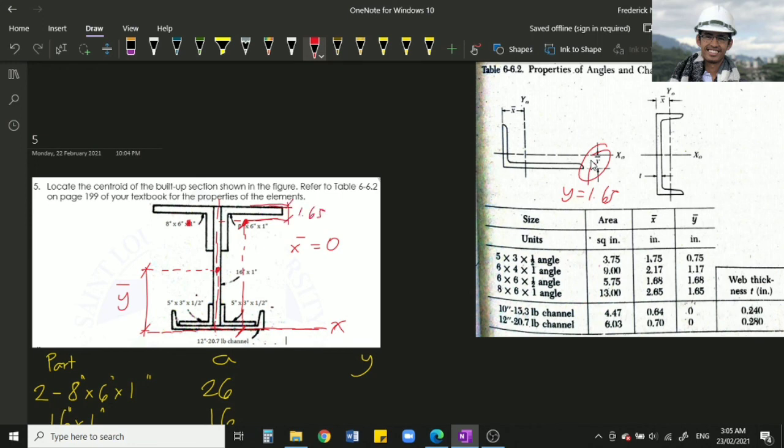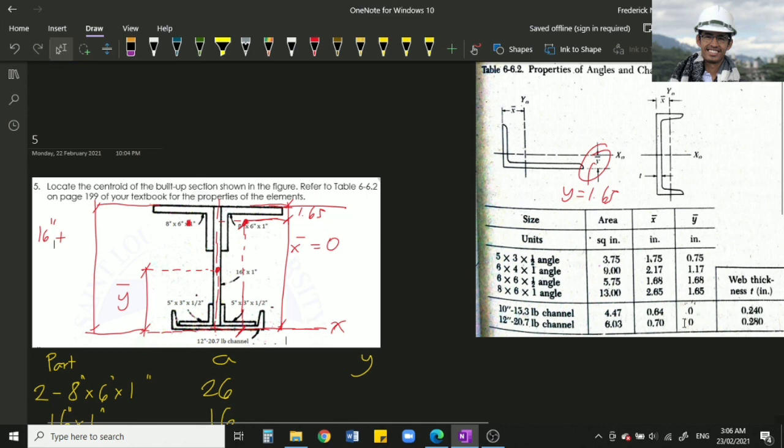Okay? So para makuha natin 'yan, kunin natin yung overall height ng ating section. So kunin natin tong distance na to. So ano yung pinaka overall distance nito? So that will be 16 by 1, so 16 inch plus yung thickness ng ating C channel.